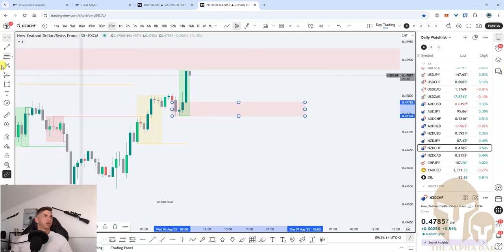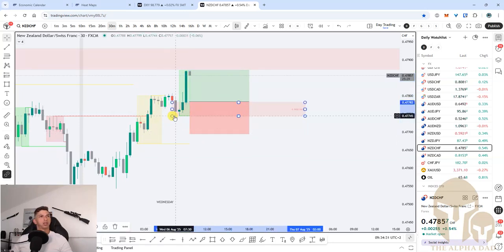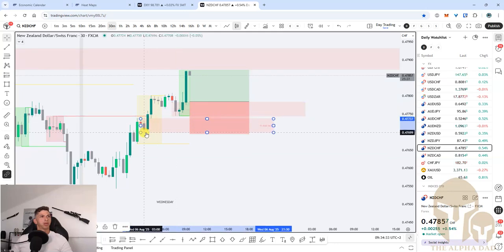Let me see something. Eight pips. This I like. You have this lower time frame demand. Let's change this one.